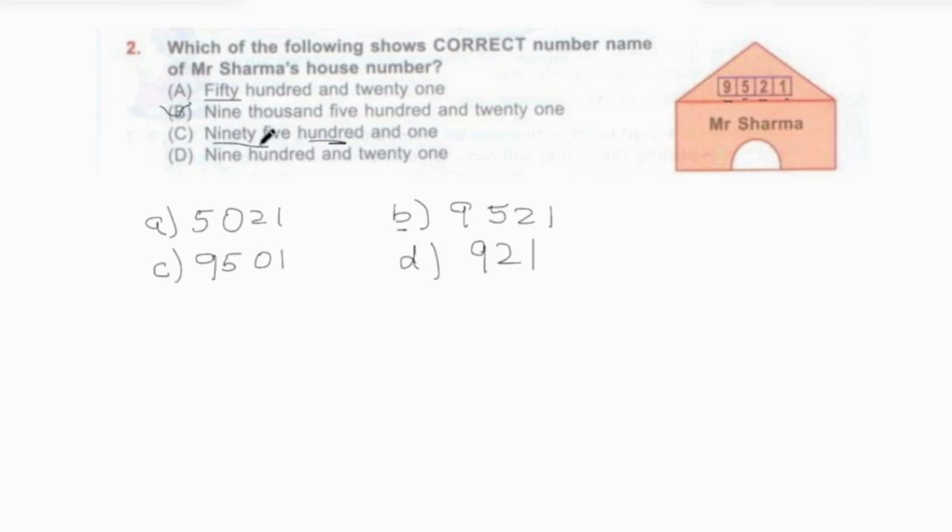So C cannot be the answer. Even for option D, it says 900, which cannot be our answer. So the elegant solution for this, without converting alphabetical form of the number into a numeric form, you can directly write option B as the right answer by looking at the question.